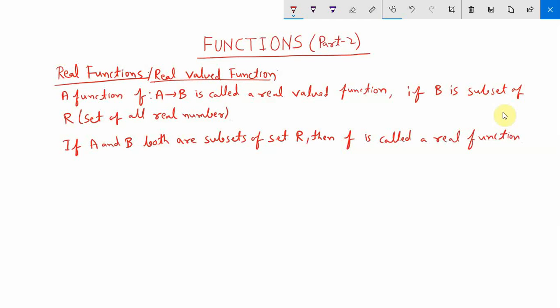Okay, so we will see some real functions. We can tell that domain and codomain both are infinite subsets of R in case of real functions. A real function is generally described by some formula, and images of various elements in the domain of a real function are provided by some general formula.